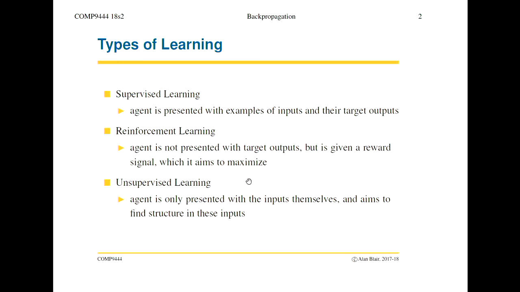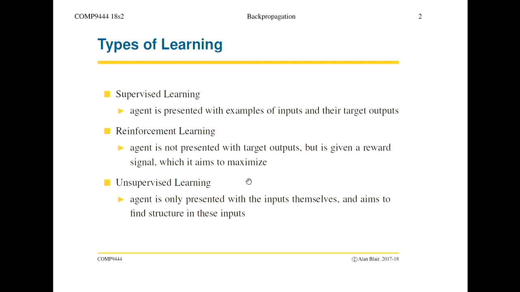And finally, there's something called unsupervised learning. In this case, the agent is presented only with the inputs themselves, not with any target output, and the aim is to find some structure in those inputs. So we'll talk about this in the last section of the course. This has a number of different applications. It can be used for generative purposes. Maybe you're given some images, and then this will help you to produce new images which are in a similar style.